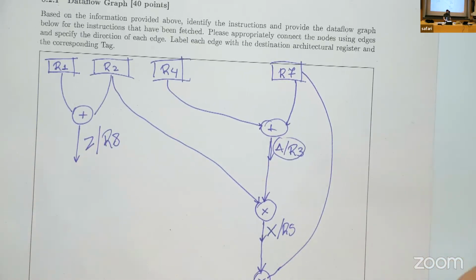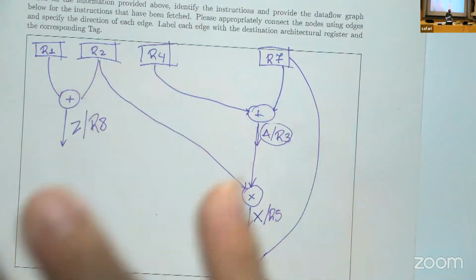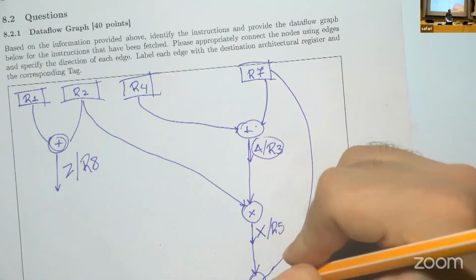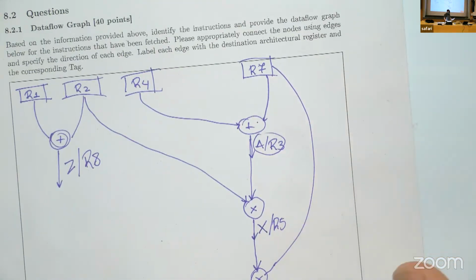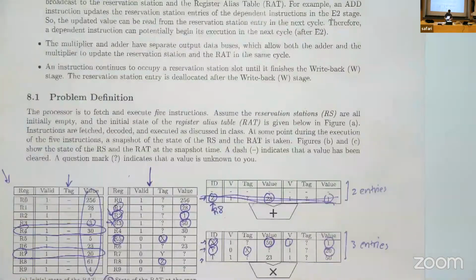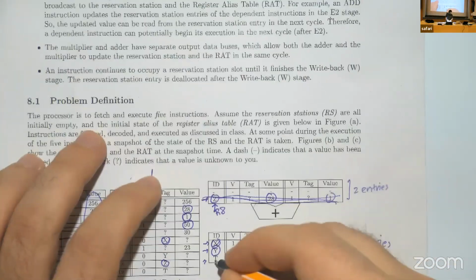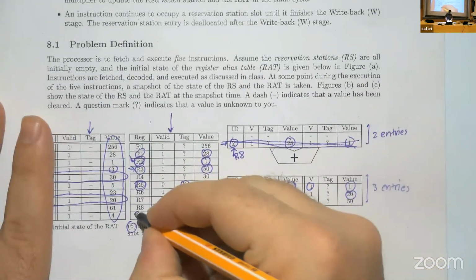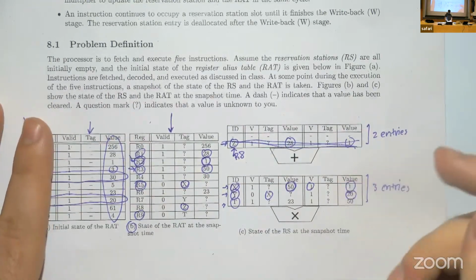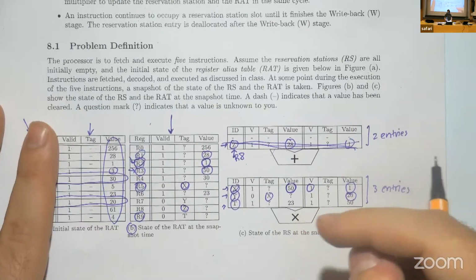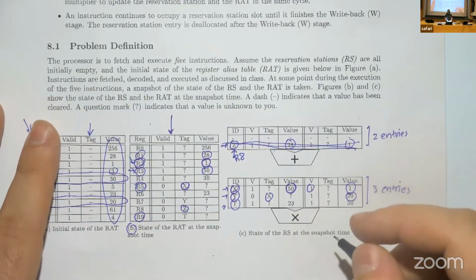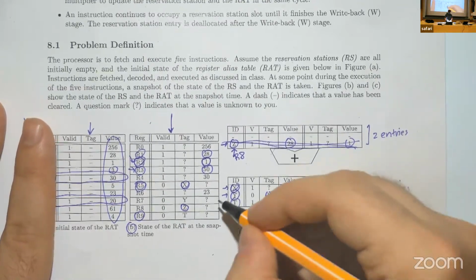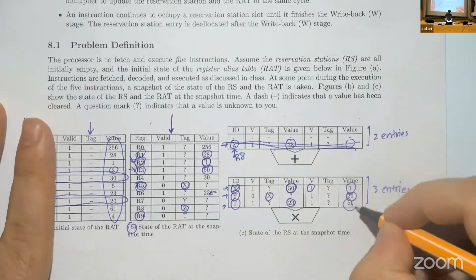So how many instructions do we have so far? The number of instructions is equal to the number of your nodes, right? You have one node here, 2, 3, 4. We miss one instruction, which is the last one, T. What is the destination register of T? The destination register of T is R9. So for sure, it's a multiplication that has R9 as destination register. And what are the values of the source operands? 23, which is R6, and 50, which is R3.